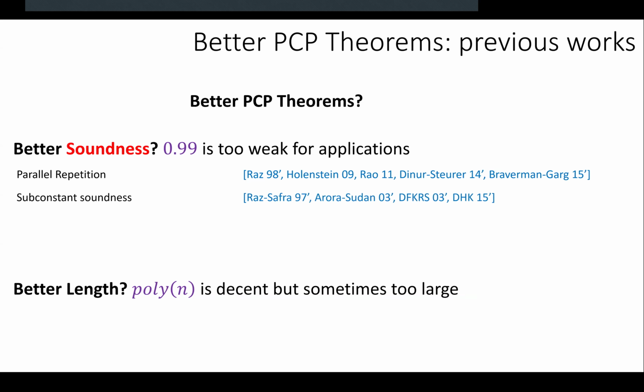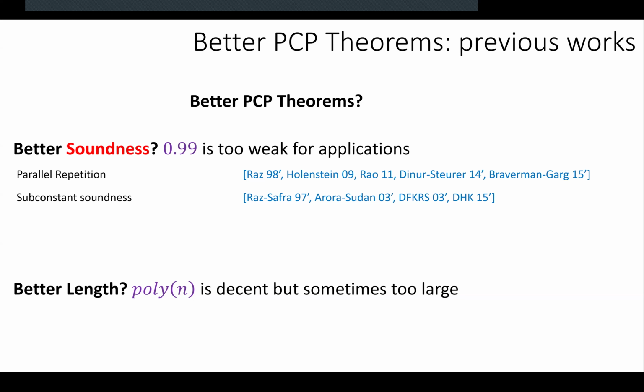And after that, you can even achieve sub-constant soundness. By sub-constant, I mean that the soundness is a function that goes to 0 with n, something like 1 over log n or 1 over square root of n. So these are also some very nice papers, but there is a catch here.